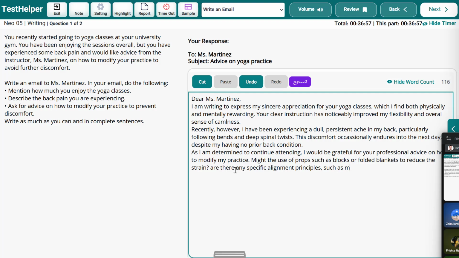So we have to give examples, such as maintaining, for example, alignment such as maintaining a lengthened spine, or engaging the core, which is again part of it, that I should, for example, focus on.